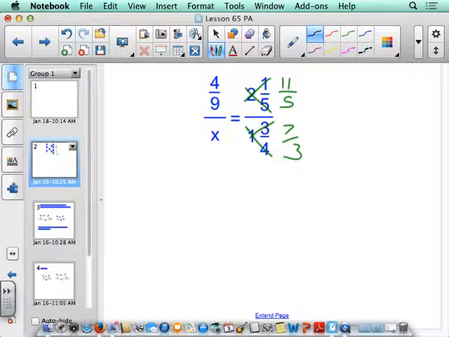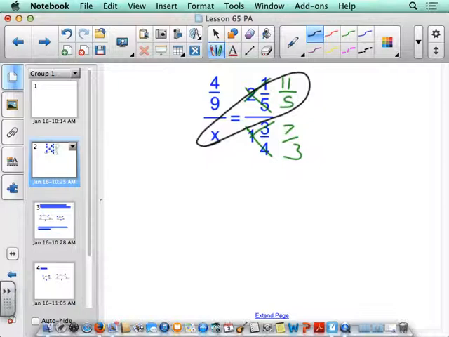You can, but the process we used was called the butterfly method. Remember the butterfly method when we take our variable terms times the diagonal? And you can do this when you have an equal sign between them. If we had a times sign, we wouldn't be able to do this.